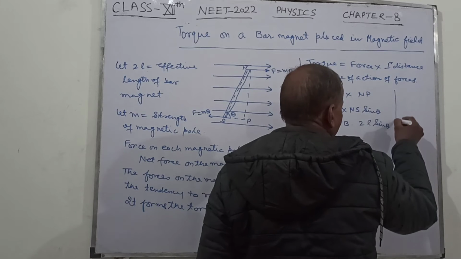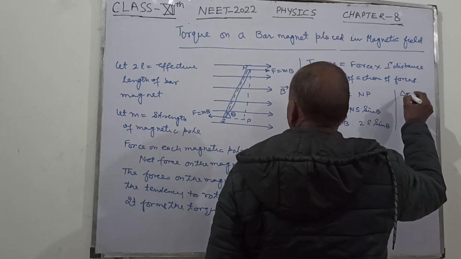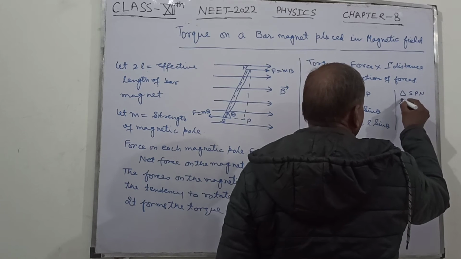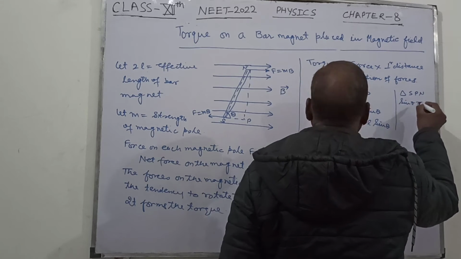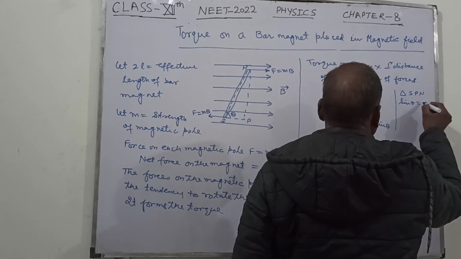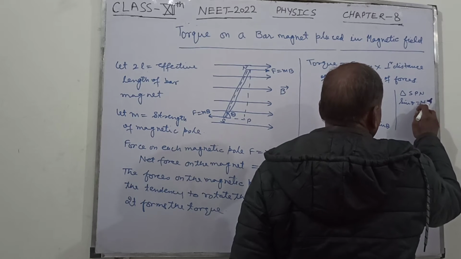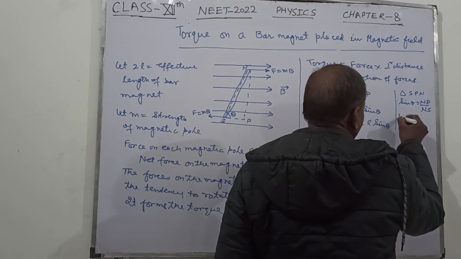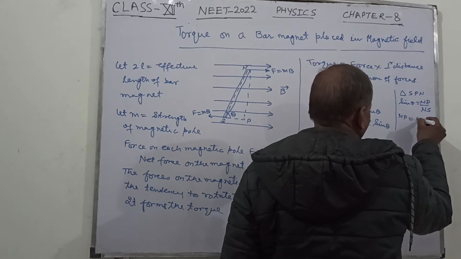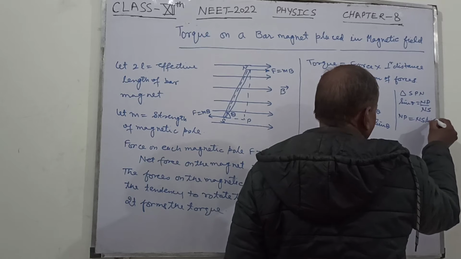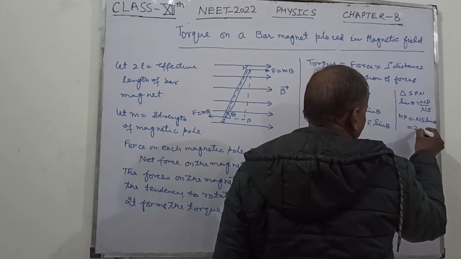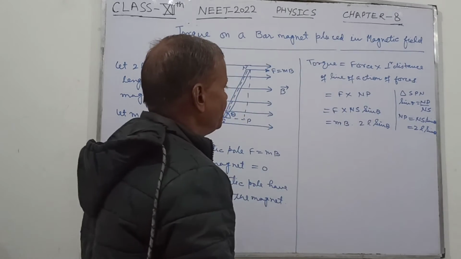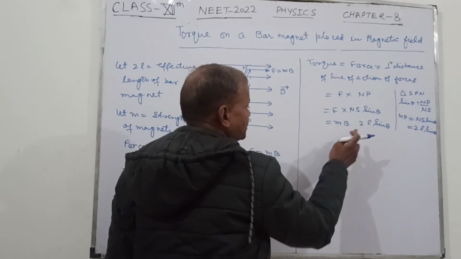Now in triangle SPN, sin theta is equal to NP upon NS. So NP equal to NS sin theta, which is 2L sin theta. So now we are having this 2L sin theta.